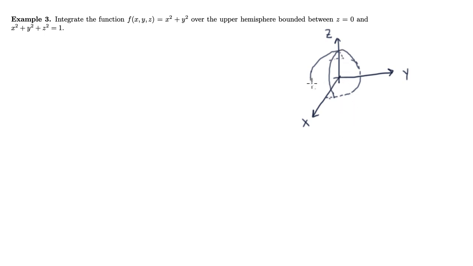Okay, so it's the upper half hemisphere. And the more I draw, the more it's going to be kind of a disaster. But if you're lost on what I'm drawing, just go cut a basketball in half and stick it on the table.